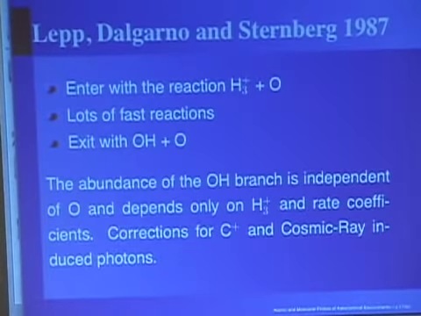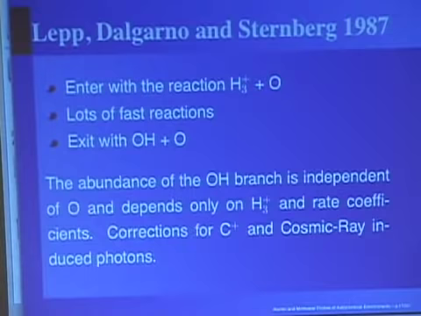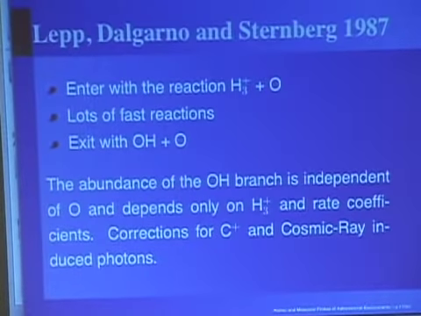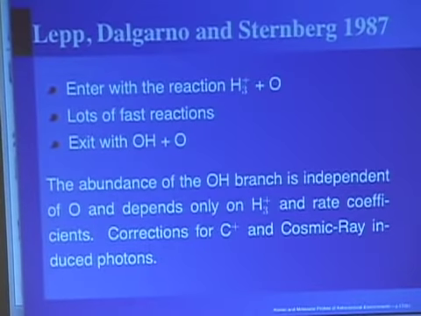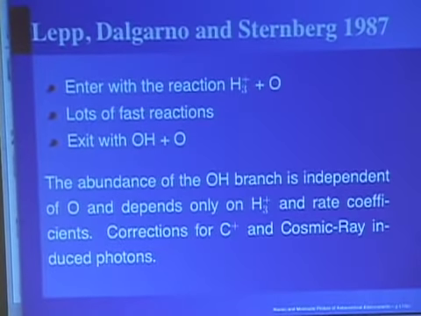But basically, putting it together, you get that the H3+ abundance should just be the ratio of those rate coefficients times the OH abundance, with small corrections. And the rate coefficient at the time gave us a number of a tenth. This allowed us to infer the H3+ abundance in these clouds well before they were measured.